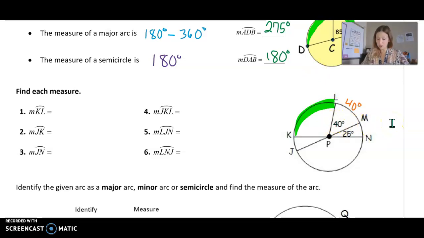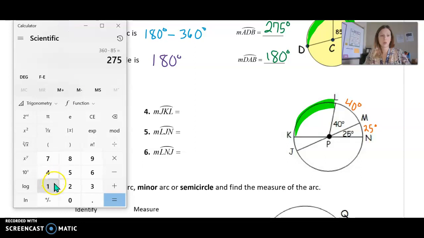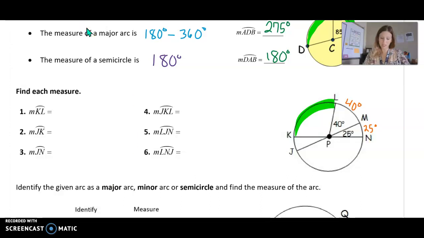This arc is 25 because this angle is 25. And remember, half of the circle is 180. So from K all the way to N, that's half of a circle. So we just need to do 180 minus 40 minus 25. 180, take away the 40-degree angle, take away the 25-degree angle, leaving us with 115.